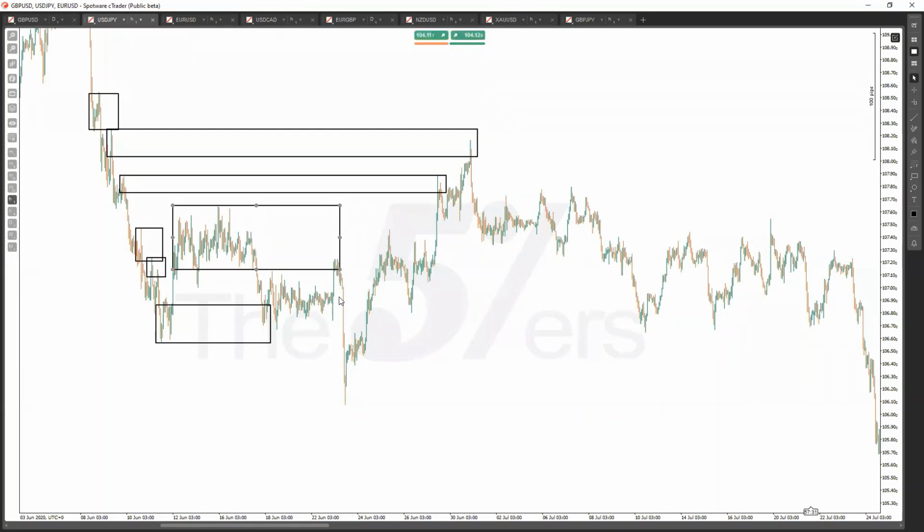So now we're looking at a situation where I call it effort versus result. We see that price was not able to break higher by finding support on demand. And so we see a demand respected, but not being able to break supply.